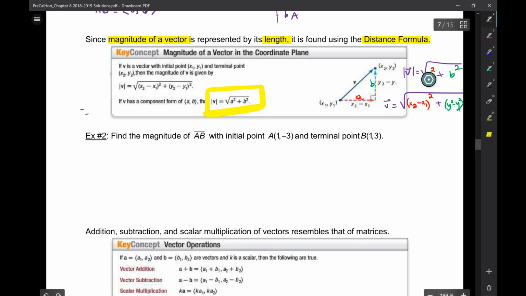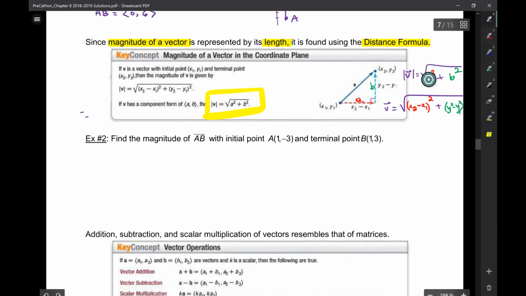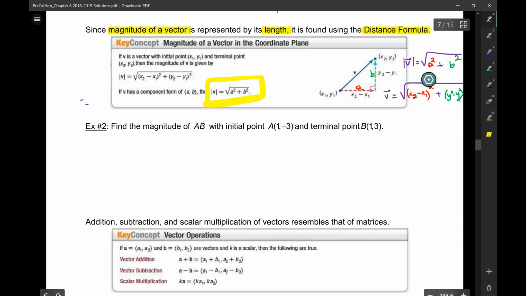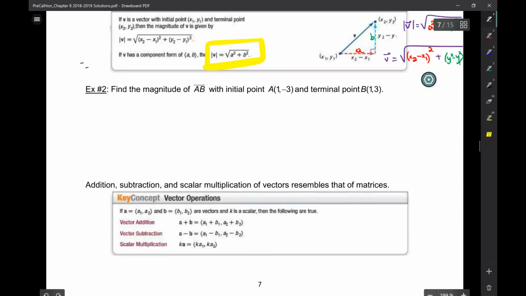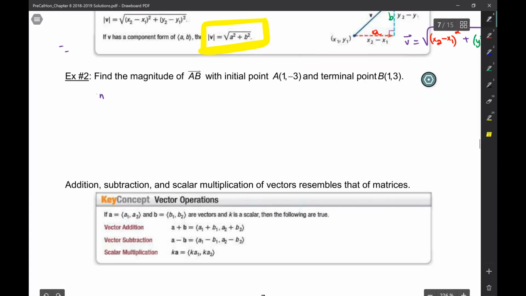Okay, so here, find the magnitude of AB with this initial point and that terminal point. This is the same exact vector from before.